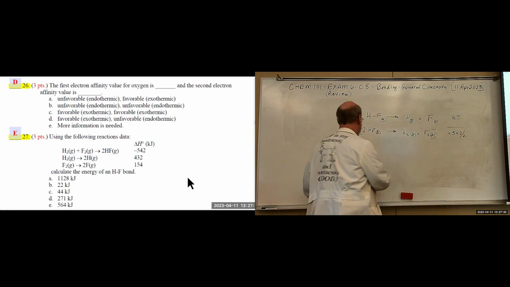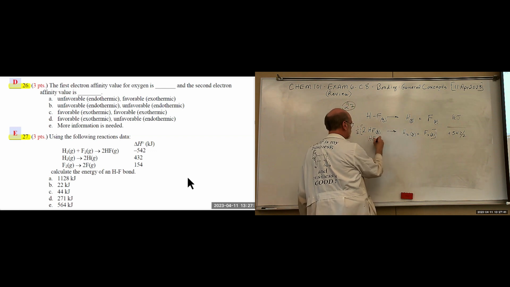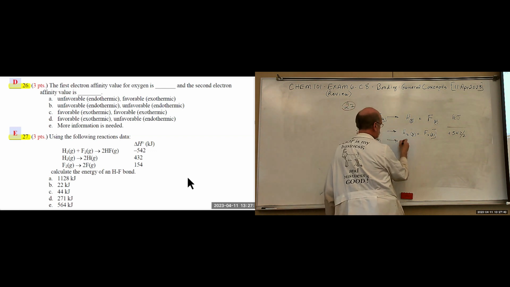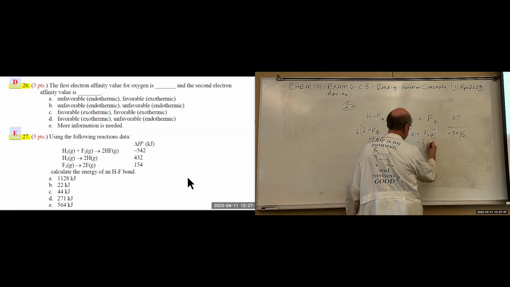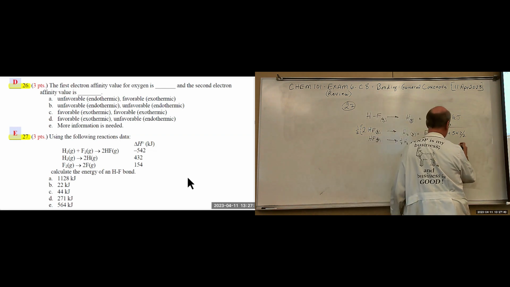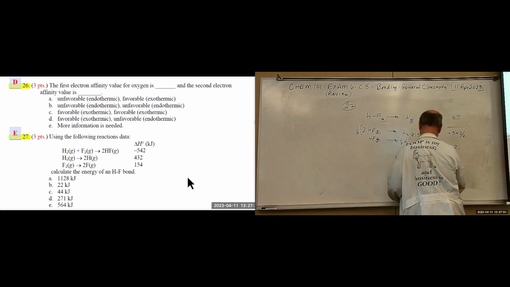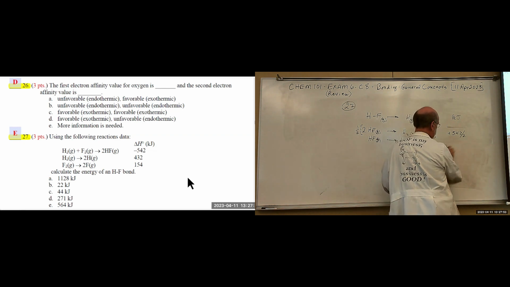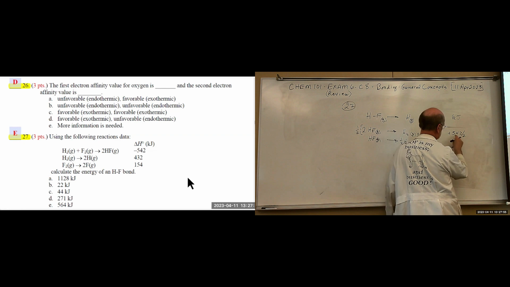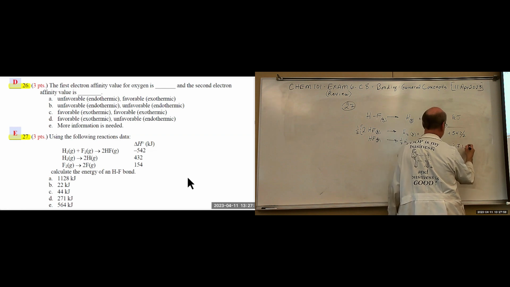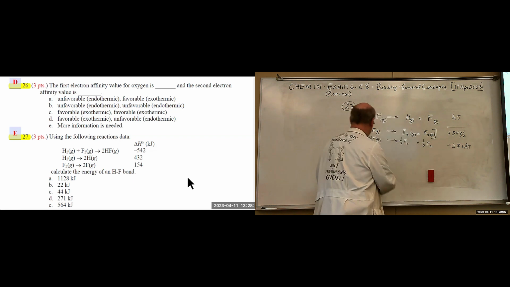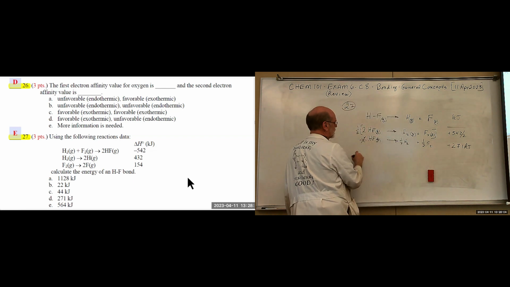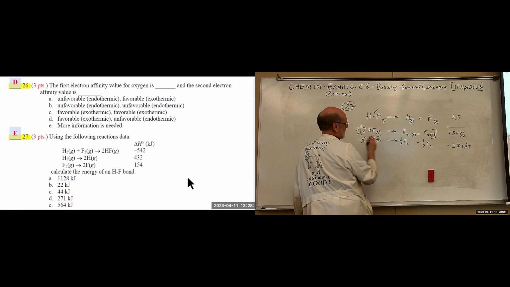This will be HF yields 1/2 H2 plus 1/2 F2. I need to go the other direction. This would be 271 kilojoules.